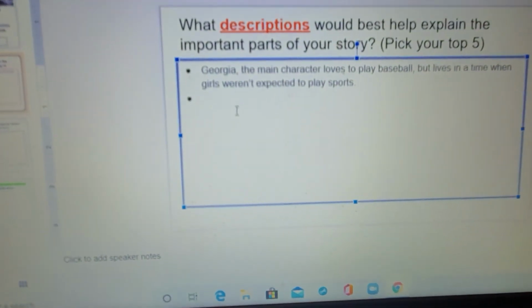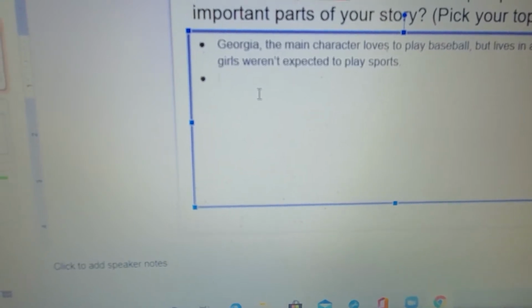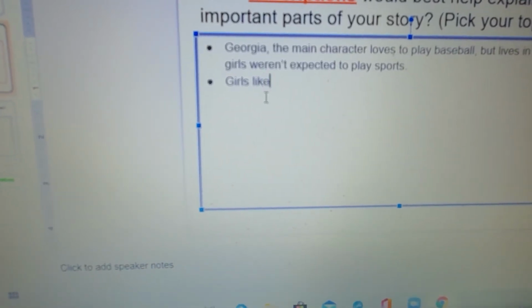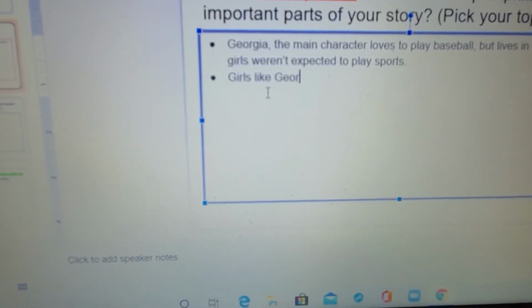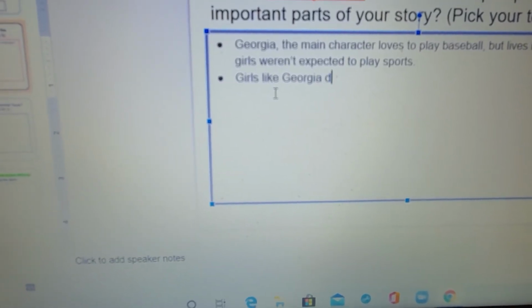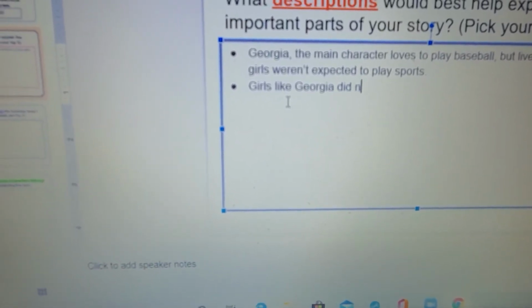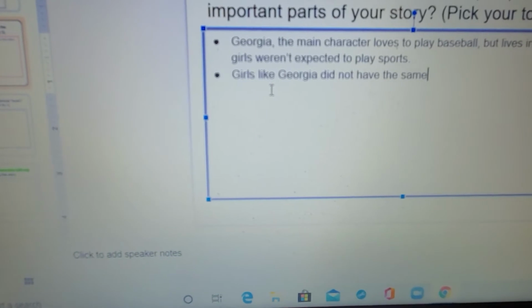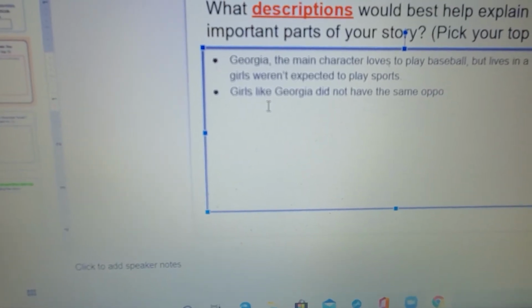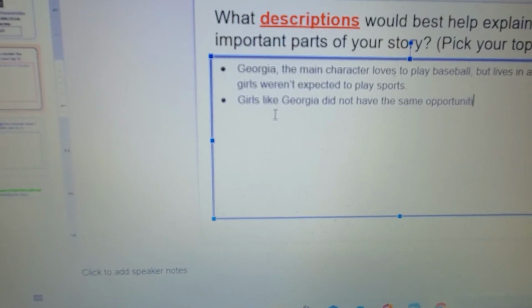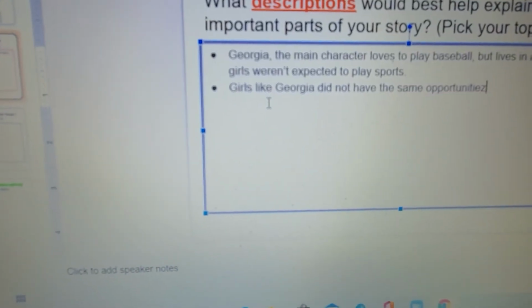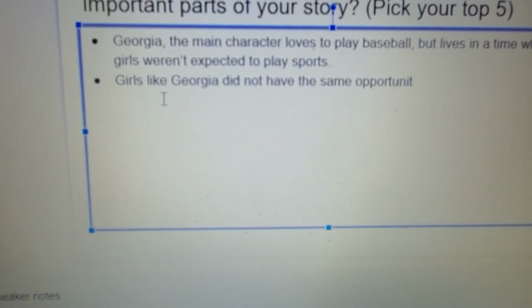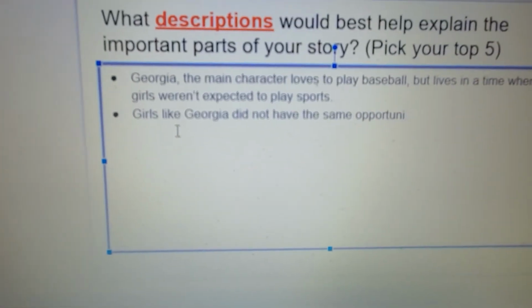So I want to put here, girls like Georgia did not have the same opportunities as men.